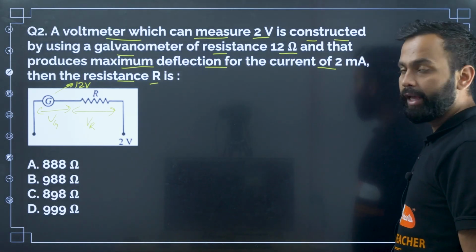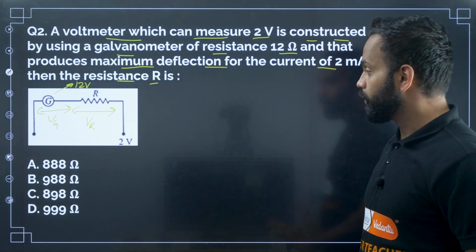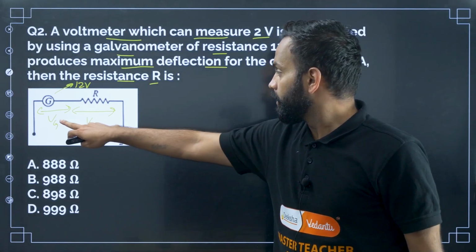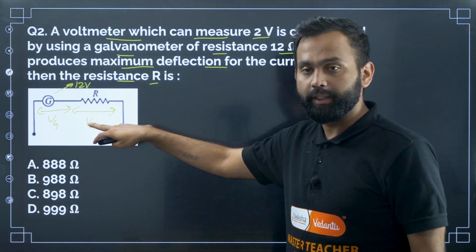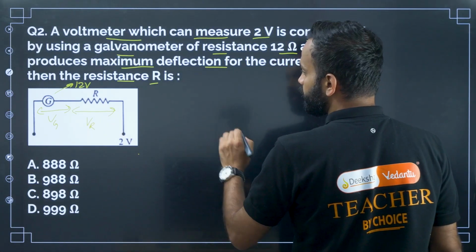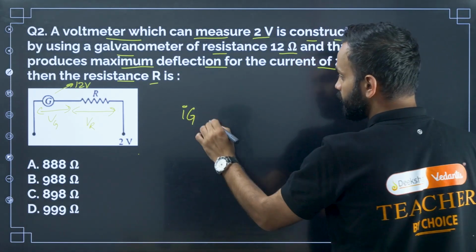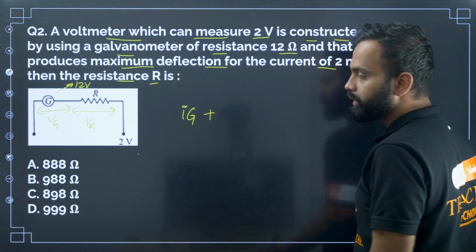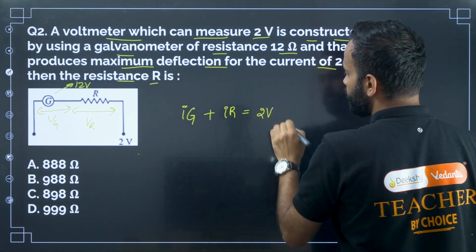So the voltage across the galvanometer plus the voltage across the resistance is equal to 2 volt. The voltage across the galvanometer is I into G, plus the voltage across the resistance, I into R, equal to 2 volt.